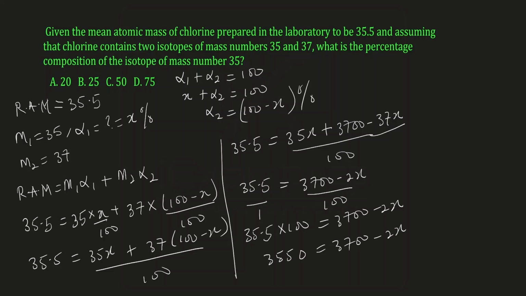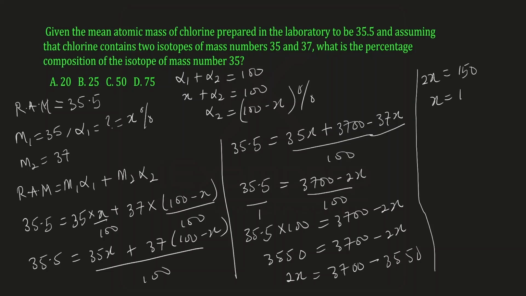So I will add 2x to both sides and subtract 3,550 from both sides. This will give 2x equals 3,700 minus 3,550, which gives 150. So x will be 150 divided by 2, and 150 divided by 2 is 75.